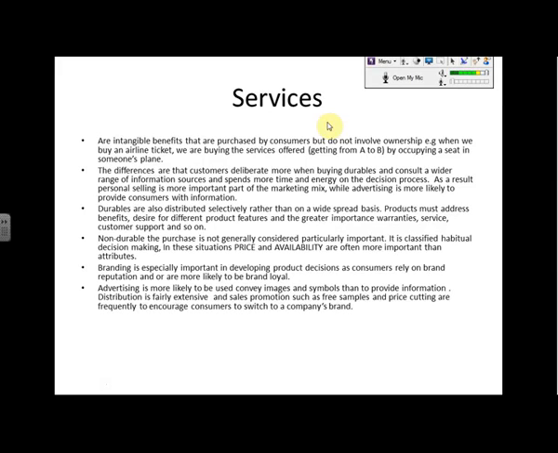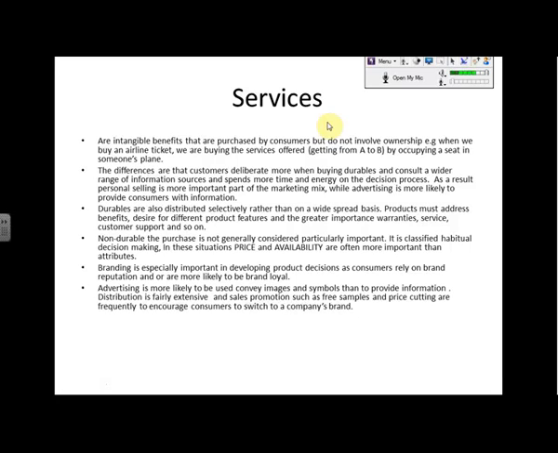Non-durable products are purchased in a way that people normally don't have to think about how much they cost and where to get them. They are normally classified under habitual decision making. In these situations, price and availability are often more important than the attributes. Where you get them nearer and it being cheaper is normally what people use to make decisions.